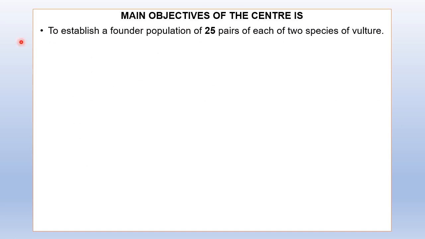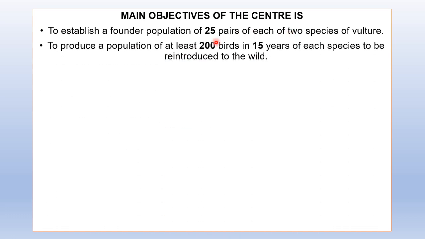The main objectives of the Rani Center are to establish a founder population of 25 pairs of each of 2 species of vulture, that is white-backed and slender-billed vulture, and to produce a population of at least 200 birds in 15 years of each species to be reintroduced to the wild.